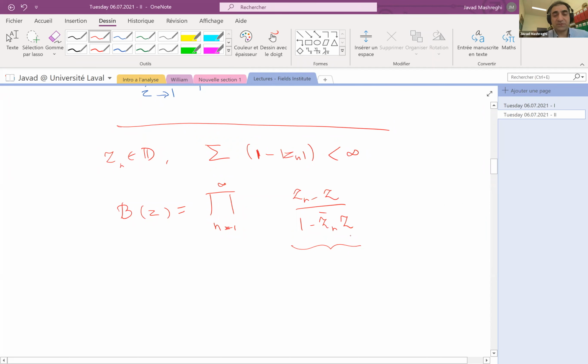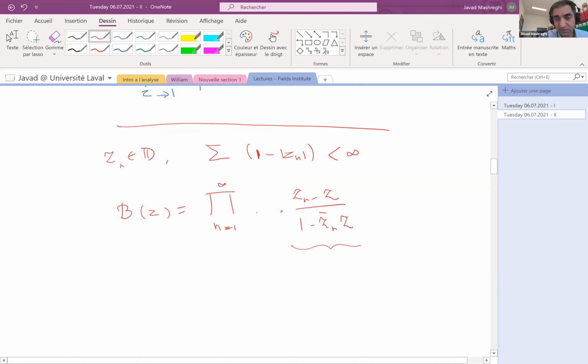The argument of Zn can be a problem. In other words, Zn can rotate infinitely many times around 0. To overcome this difficulty, we multiply here by a unimodular constant to fix that argument.